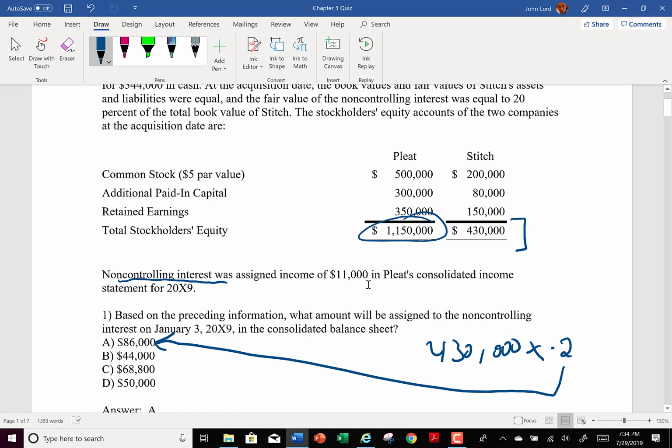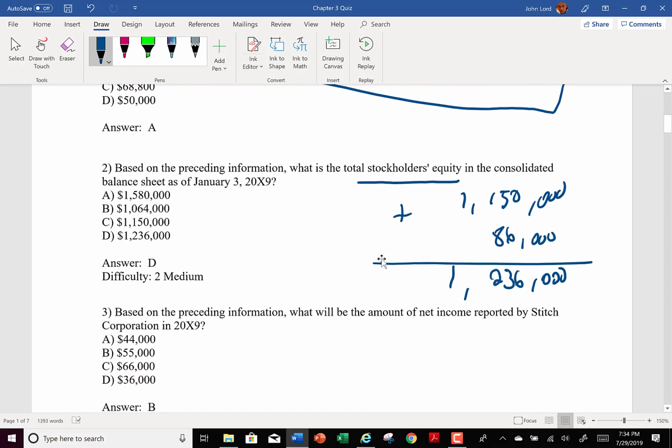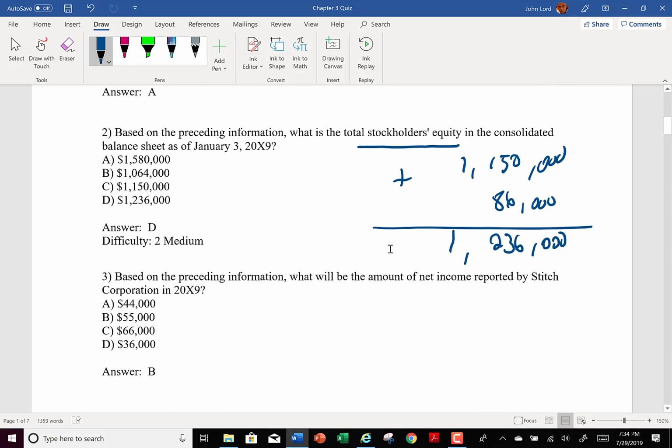That means 20% times the subsidiary's income equals 11,000.